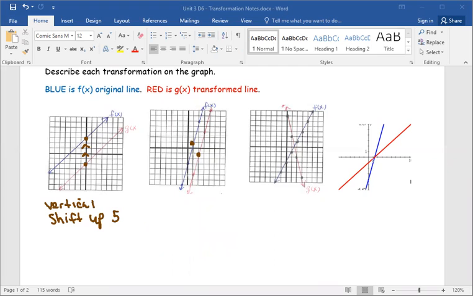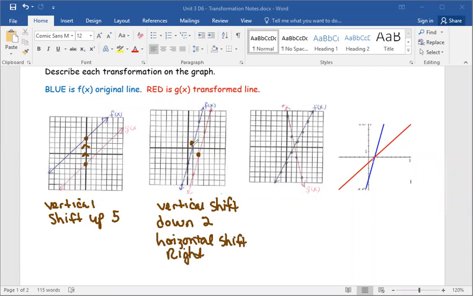My apologies. So here, to go from blue to red, we went down, so vertical shift down 2 units, and we went to the right, so horizontal shift right, and we only went 1 unit.